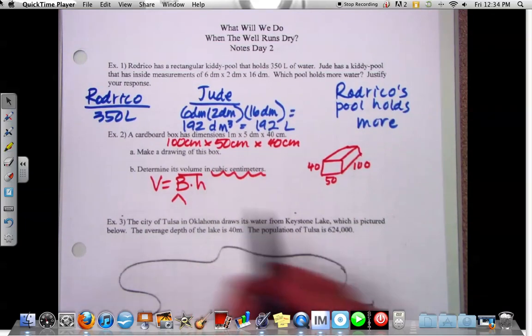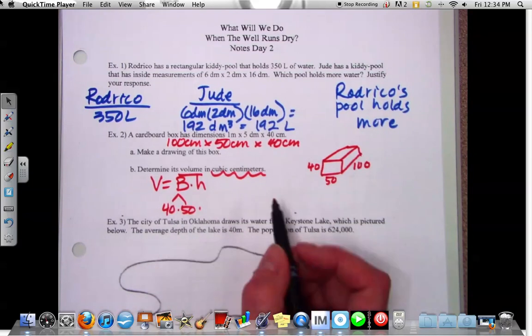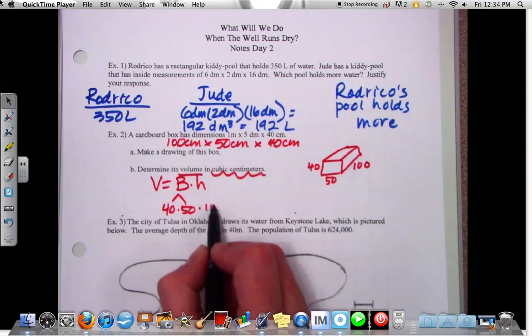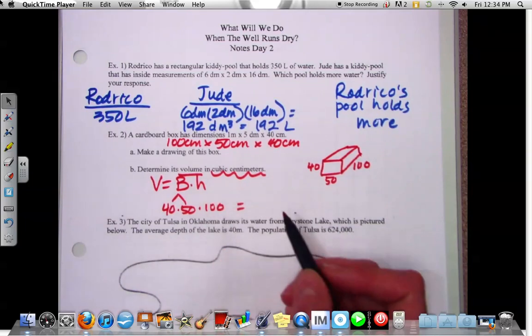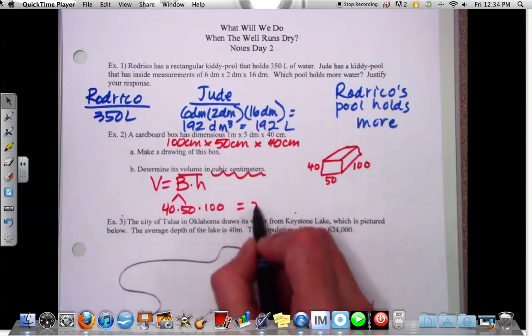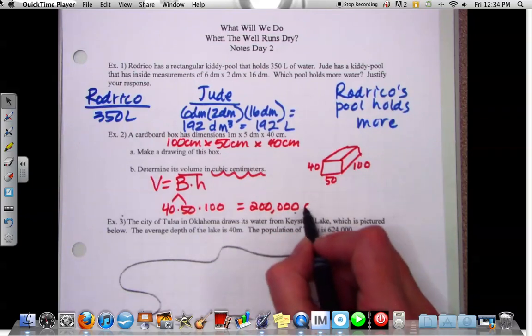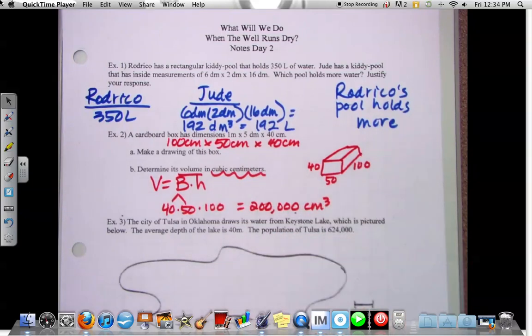No. But we can do 40 and 50 if you want. And then our height would be what? 100. So 40 times 50 times 100 gives us 200,000. What are our units? Centimeters cubed. Very nice.